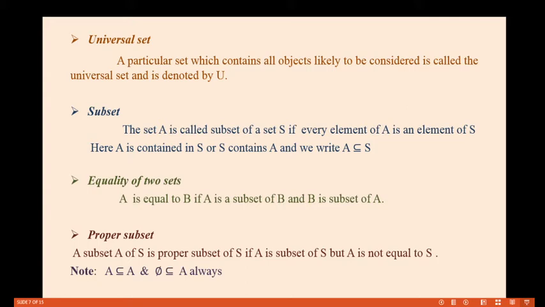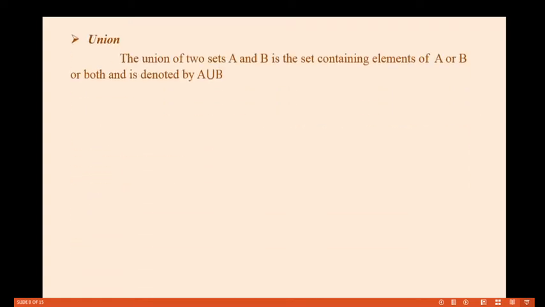Suppose A is a subset of S, but A is not equal to S, then we call it a proper subset of S. Note, always A is a subset of itself and the empty set is a subset of A always. These are called axioms. Axioms, that is, granted results.